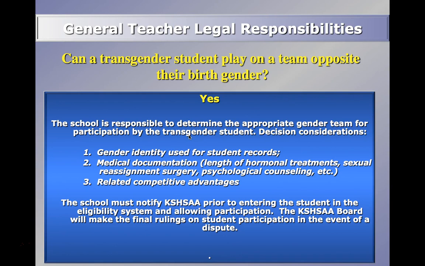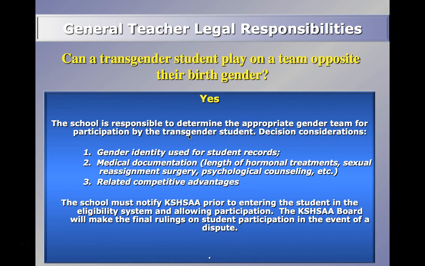And so right now the policy is the school must notify the Kansas Association of Secondary Schools prior to entering the student in the eligibility system and allowing participation. The Kansas Secondary Schools Activities Commission will make the final ruling on the student's participation in the event of a dispute.